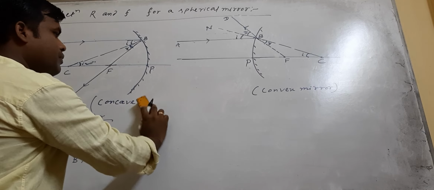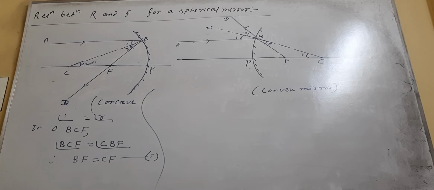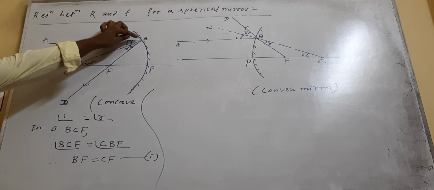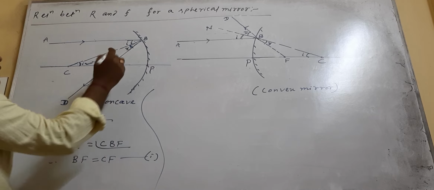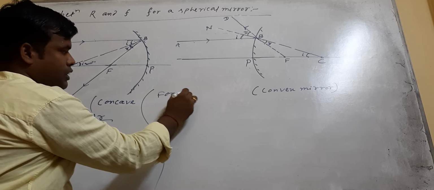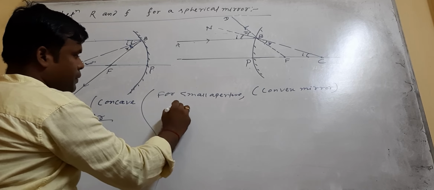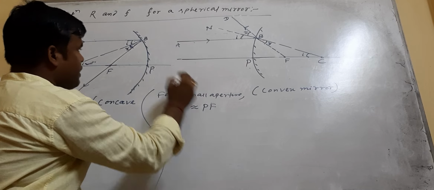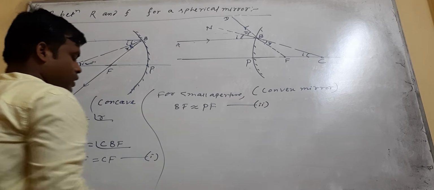Now, as we have taken the aperture to be small, that means B is very close to P. When B is very close to P, then BF is almost equal to PF. For small aperture, BF is nearly equal to PF because B is very close to P. Equation number 2.